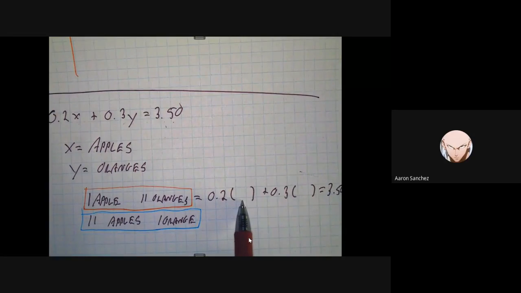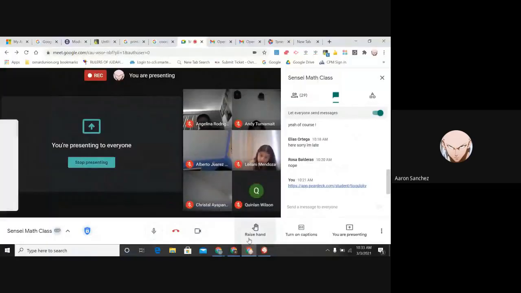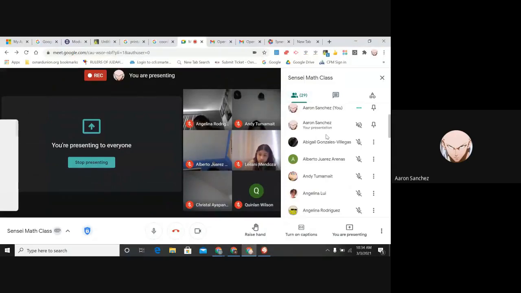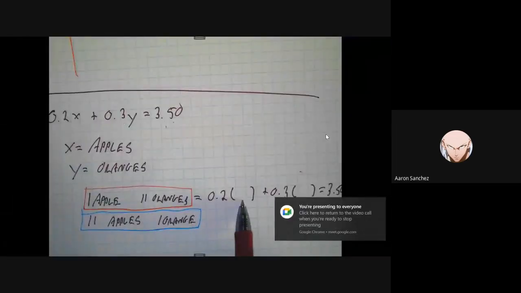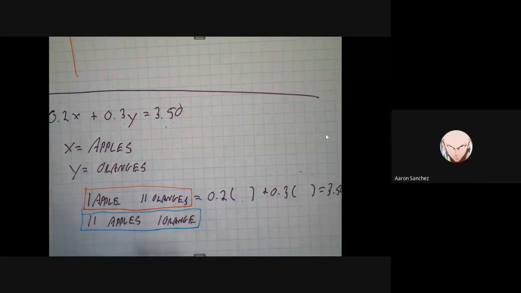Just see if you guys are with me here. Let's go with Antonio. What should I put in for my x here if I'm using the orange ones? 1, because that's my apples, right?